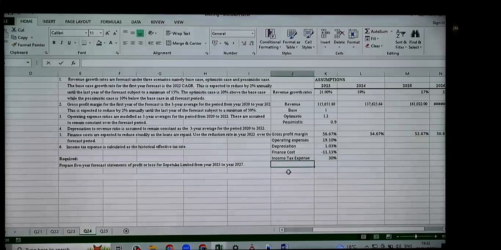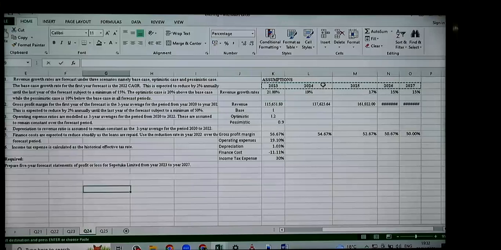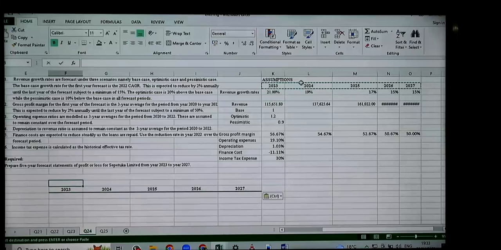So now we have reached the required. We have to prepare the 5-year forecast statement of profit and loss for Sepetuka Limited for the years there. So I can come here and I copy the years. So Control C. I'll come here, Control V, then up. So this one is a statement of profit and loss.